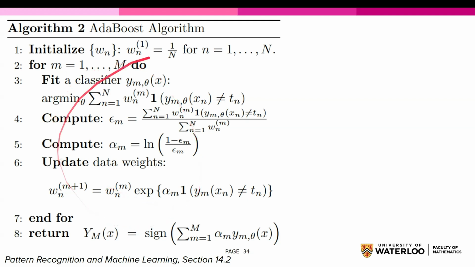This loop is going to continue until all M classifiers have been trained and added to the ensemble. The final output, y sub M of x, is that weighted combination of all the individual classifiers' predictions. AdaBoost carefully balances the strengths of each classifier and emphasizes the most accurate ones, which helps the ensemble outperform any one individual component.